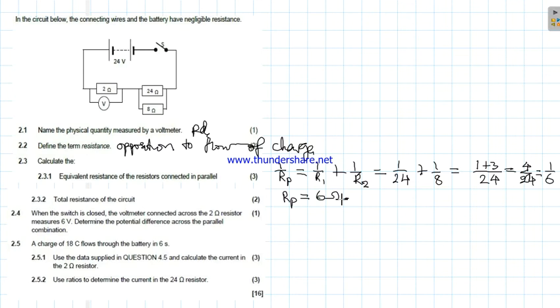Then it says calculate the total resistance of the circuit. So we are saying these two have an effective resistance of 6 ohms. When we look at it logically, it shows that these two are connected in series to this one. So now we use the formula for calculating resistance in series.